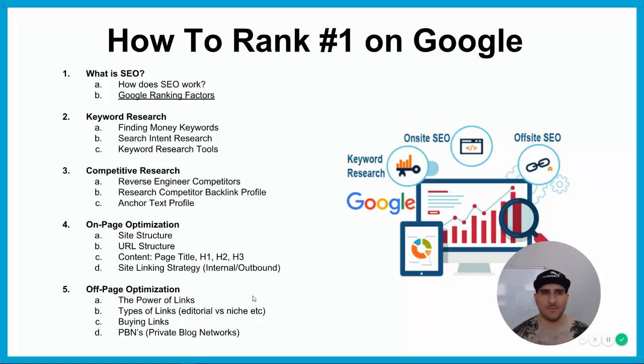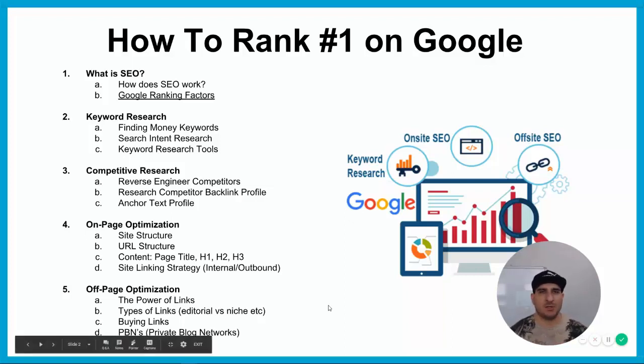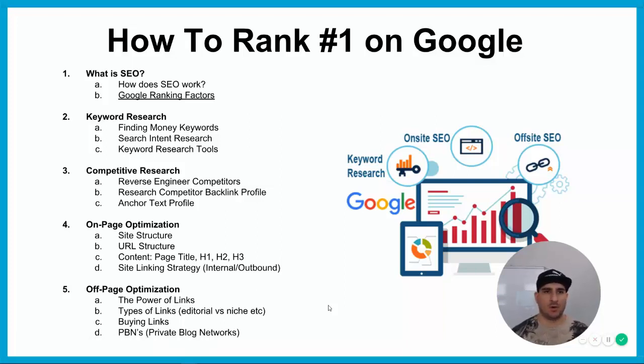And private blog networks. So this is a really gray area here, and it still works. It's been around since the beginning of time, really, for SEO. And the way that these work is essentially you will find websites, or not really websites, but more of domains that people have let go by the wayside, have let expire, or are going to be expiring soon.